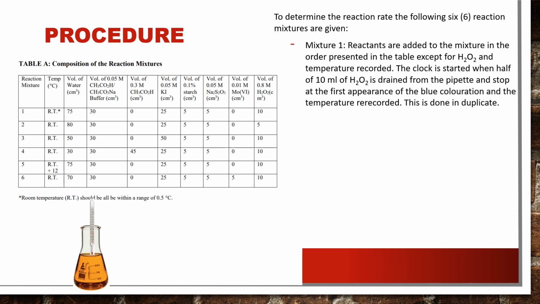After recording the temperature, you would have added 10 ml of hydrogen peroxide using a pipette. When half of the amount of the hydrogen peroxide is run into the reaction mixture, you start the stopwatch, and at the first appearance of the blue coloration, you stop the stopwatch. The temperature is again recorded and noted.